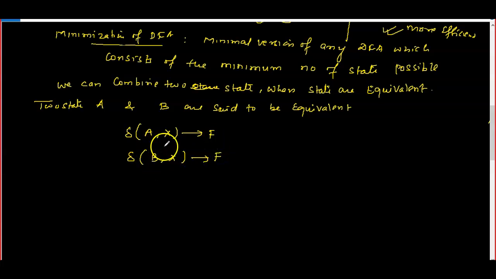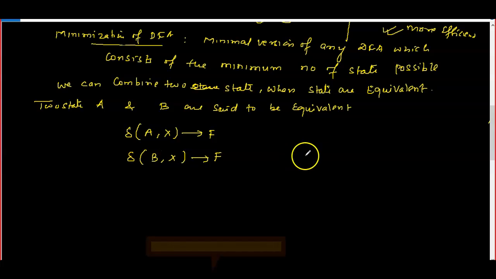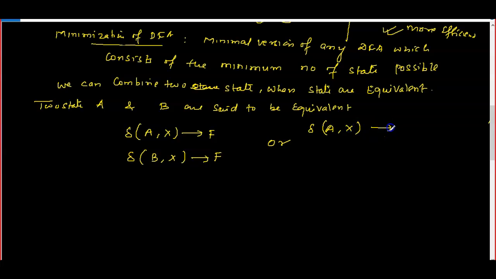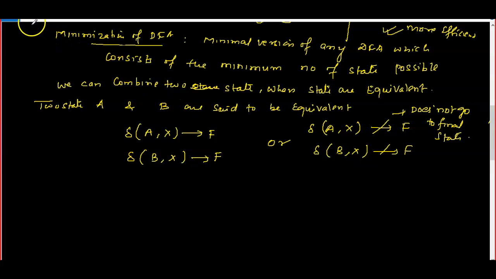If the same final state is reached, then A and B are said to be equivalent. Likewise, if delta of A to X does not go to the final state, and delta of B to X also does not go to the final state, for the same input, then both do not go to the final state. So if these two conditions hold, then we can say that they are equivalent.